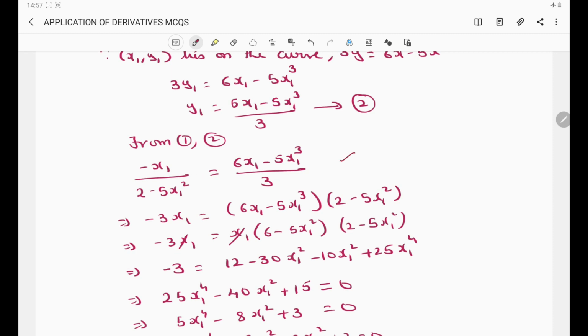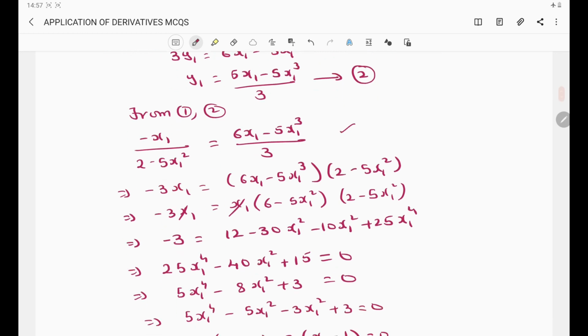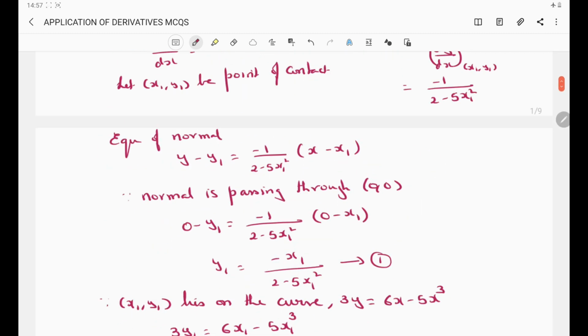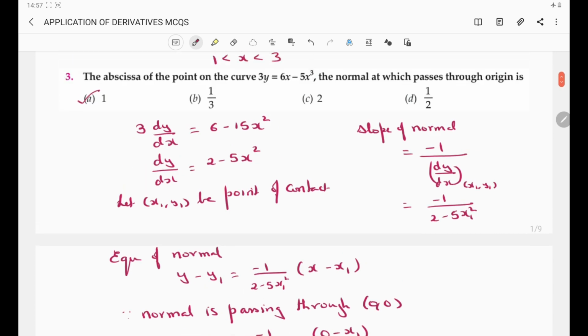If I put x1 equal to 1, it satisfies this equation. In that way also you can do, but I have given you the method where you get the exact value of x1. So the value of x1 is 1, and from the options given we got x1 equal to 1 as option A.